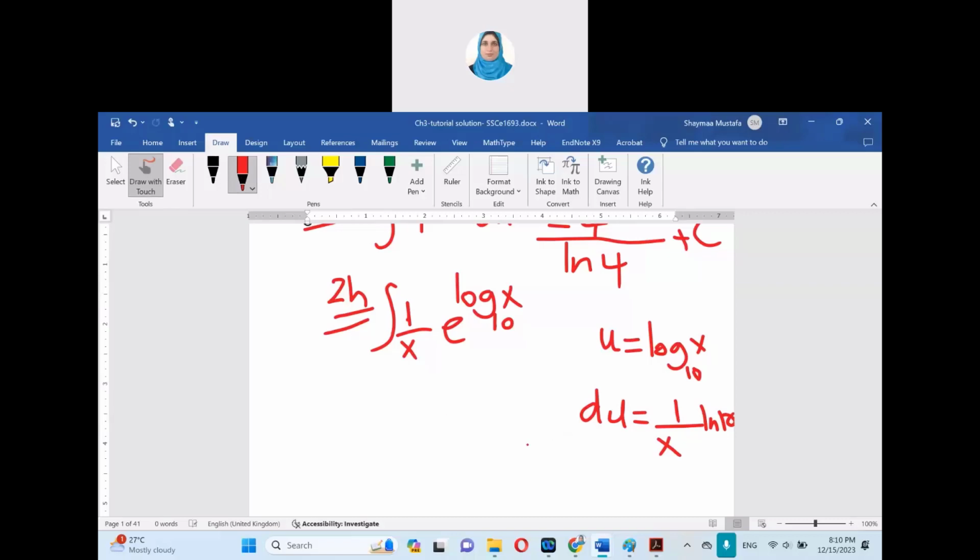So you can use this substitution. This one is equal to 1 over ln 10 integration e^u du. And then you can continue finding the result.